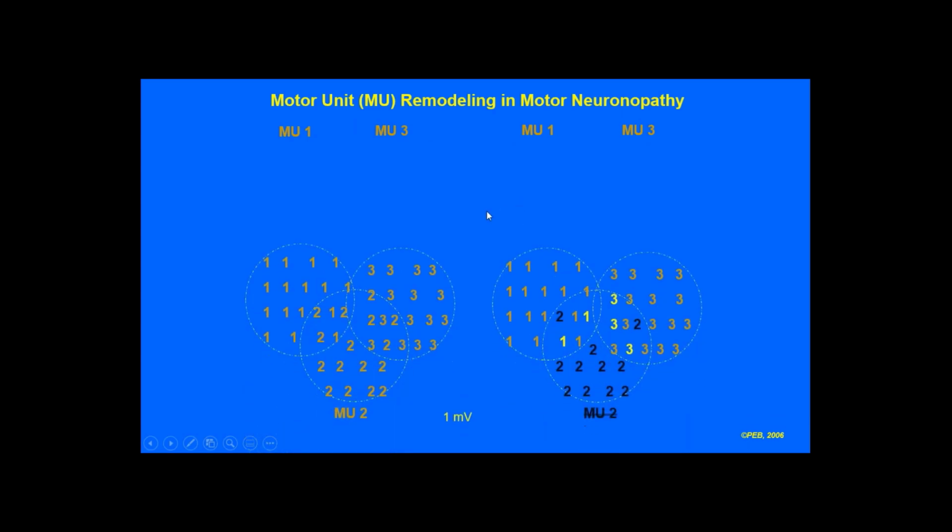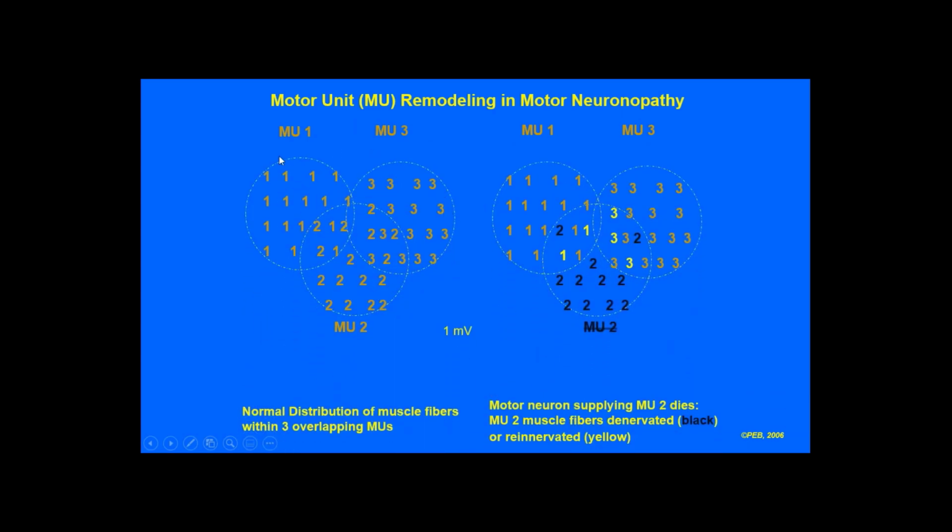So as we all know, we have like 3 motor units here, as I've shown in the schematic, 1, 2, 3, and let's say 2 dies, and the fibers of 2 that were in the territory of 1 can be innervated by number 1, but some, of course, may not achieve reinnervation by 1 or perhaps another motor unit. These are many, many motor units overlapping in territory, and number 3 as well.